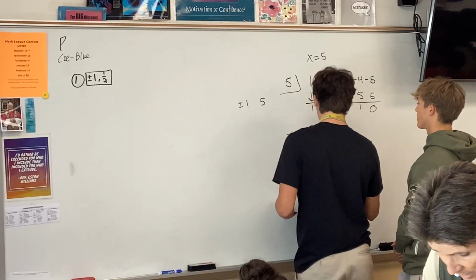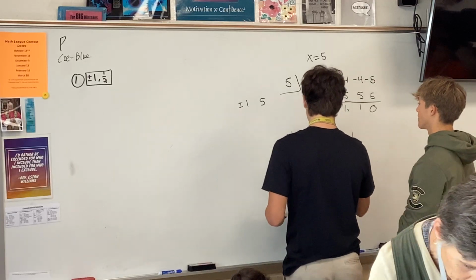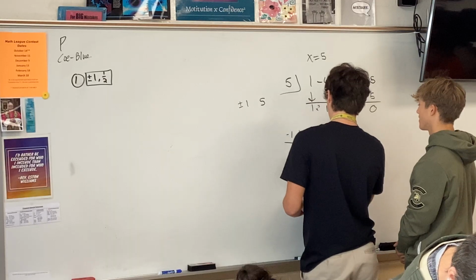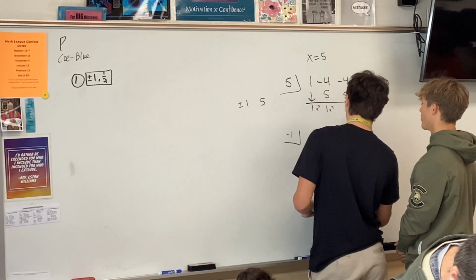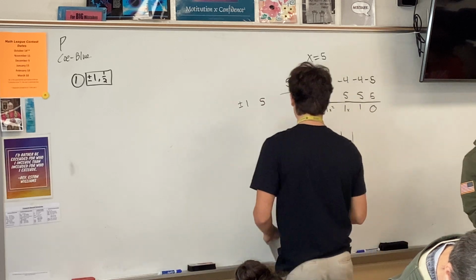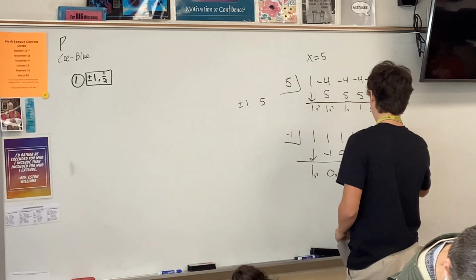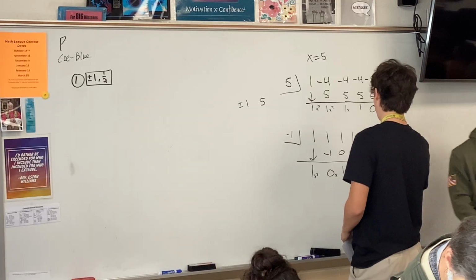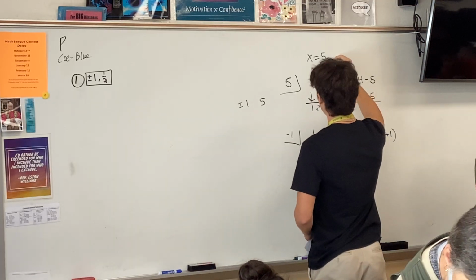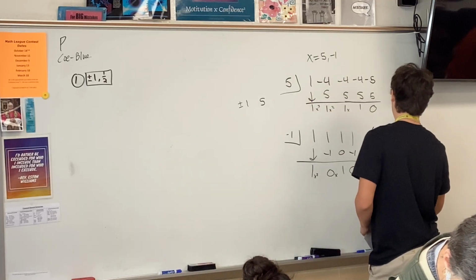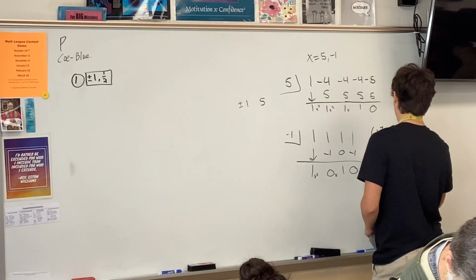You're taking an x squared out of here, x squared out of x squared. One is the only thing you can take out. If you're going to factor by grouping, you have to take something out of each pair. So then you have your x plus one.